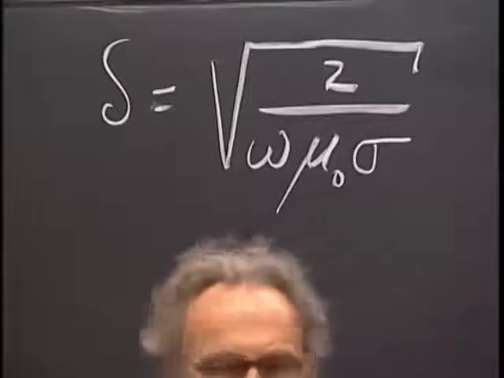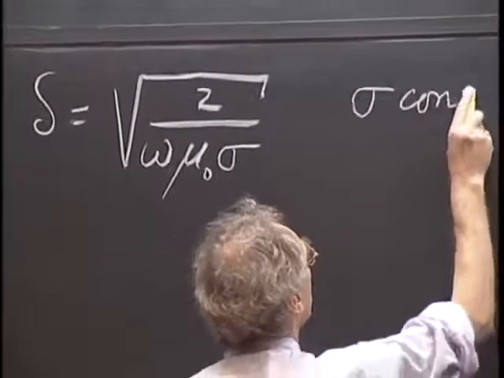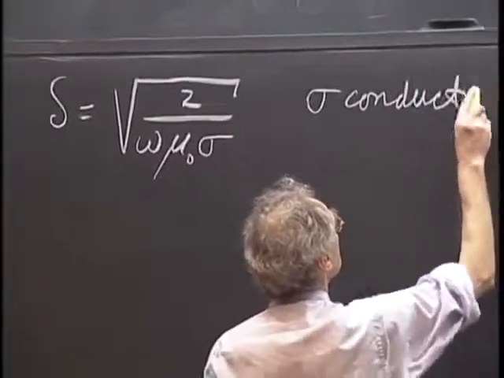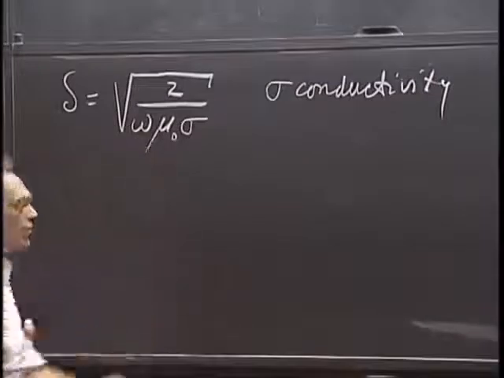The conductivity sigma for an ideal conductor would be infinitely high, so that the skin depth is zero.